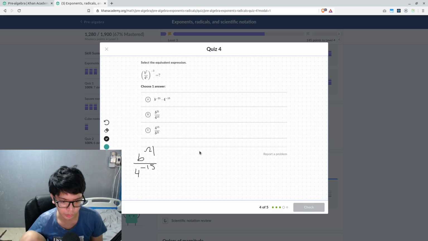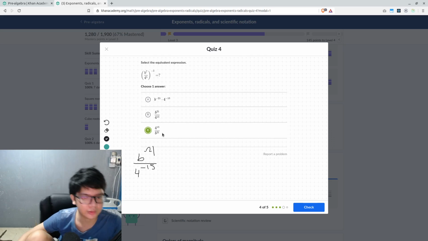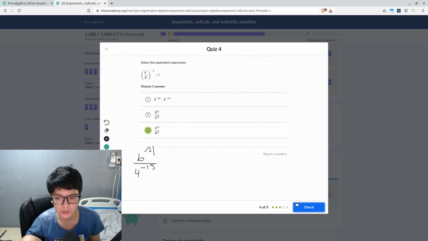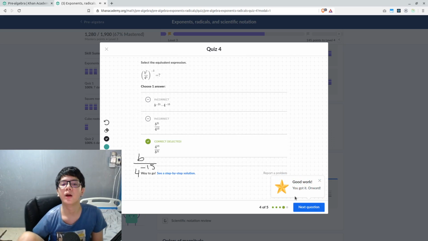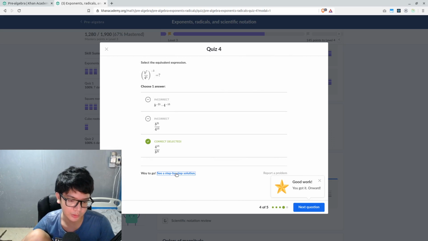I guess I could do the reciprocal of this. B to the positive 15 for B placed in positive. Okay, I'm pretty sure it's correct. Yeah. Let's see how we did it.